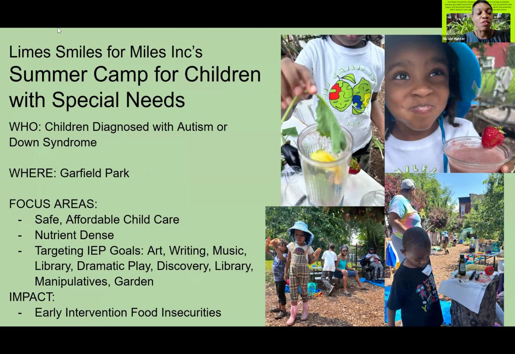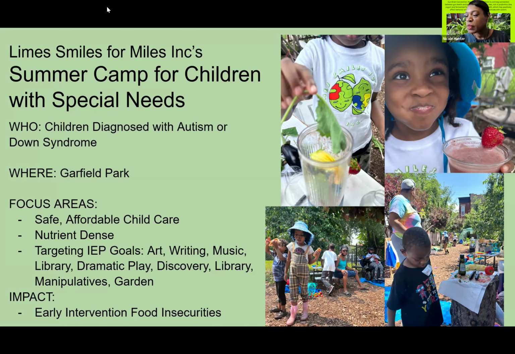So that leads me into, also, instead of a one-off event, Lime Smiles for Miles is a 10-week program. This is our 3rd year. We start June the 7th, from 1 to 4, and we're located at 2901 West Warren in Chicago, Illinois, for our West Side recipients.